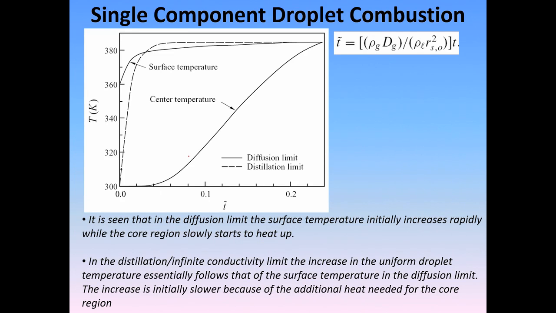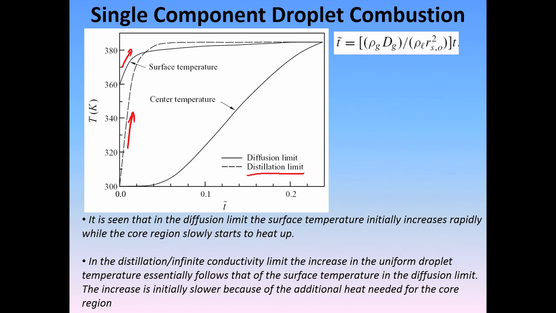Okay. So, now if we look at the temperature profiles of the droplet, that how the temperature actually evolves with non-dimensional time, you will find that in the case of your diffusion limit, that is the curve, and in the case of your infinite conductivity limit, that is the curve, right.